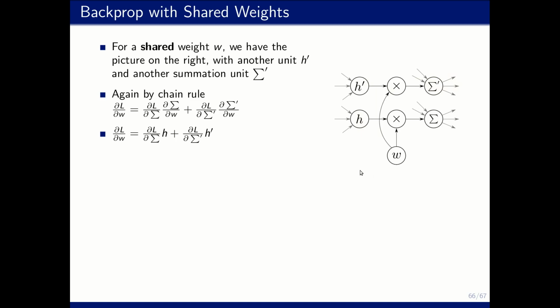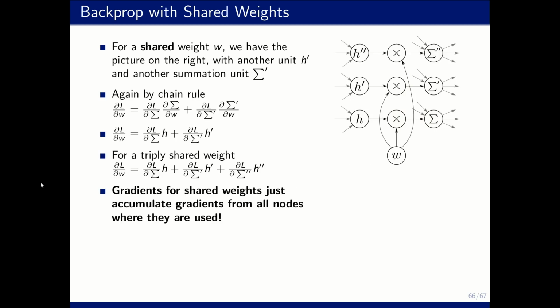So essentially, d sum after dW is just h, the forwards message, and d sum prime after dW is just h prime, this other forwards message. So all that happens is that we have this forwards message times this backwards message plus this forwards message times this backwards message. So these two different gradient computations get added up.